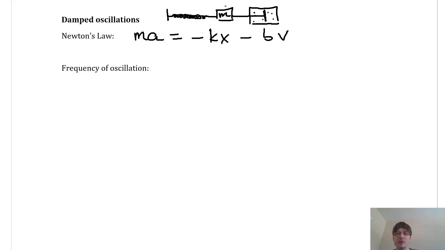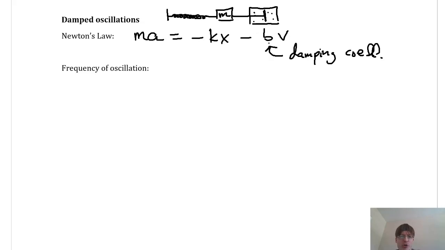And when the mass happens to be moving to the left, the fluid produces a damping force to the right. It's minus the velocity. And it's simply proportional to it. The proportionality is a force constant known as the damping coefficient. Its units are newtons per unit of velocity, newtons divided by meters per second.